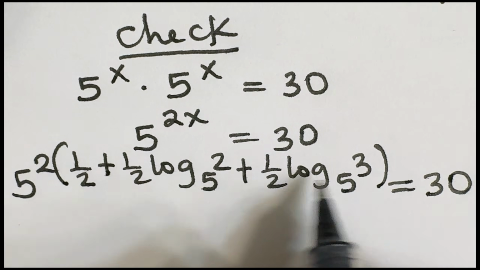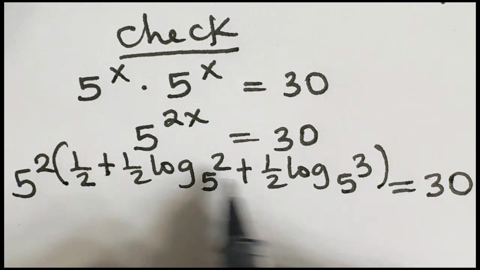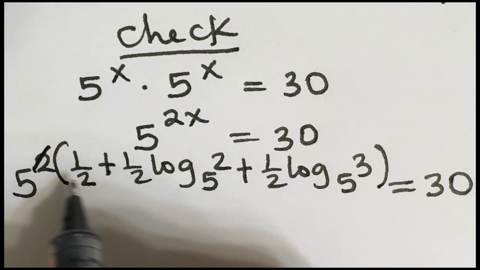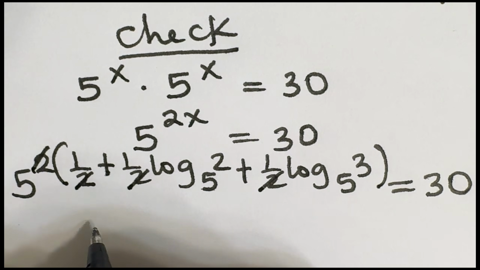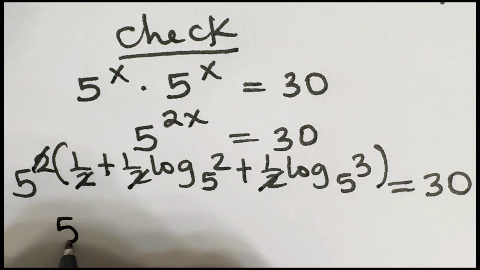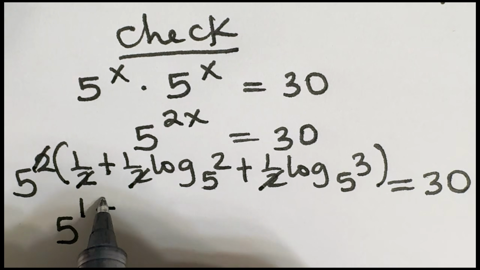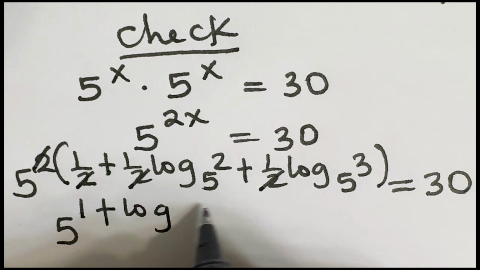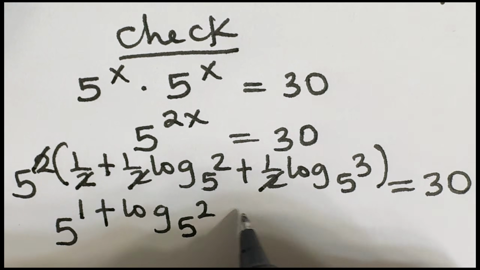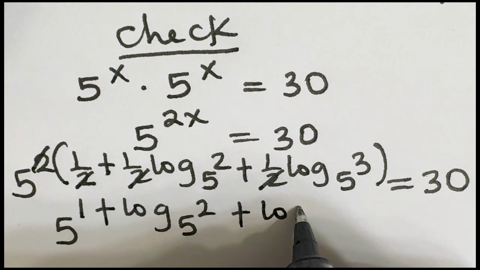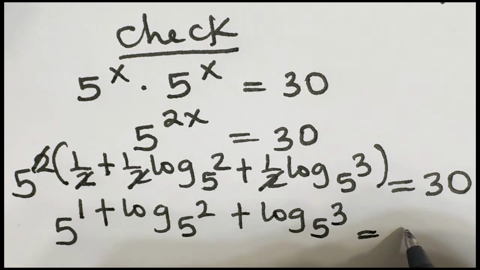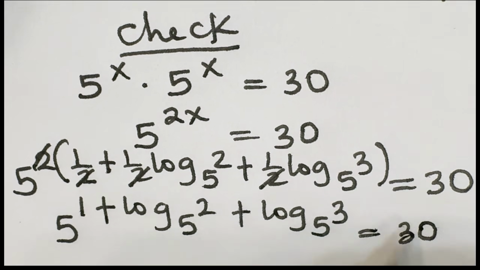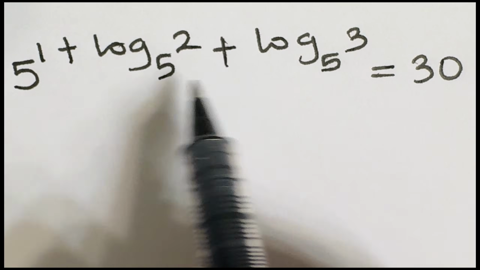I'm going to open this bracket by multiplying everything inside here by 2. Doing that will get rid of these 2's at the denominator, leaving us with 5 raised to power 1 plus log 2 base 5 plus log 3 base 5 to give us 30. Then I need to separate these powers.